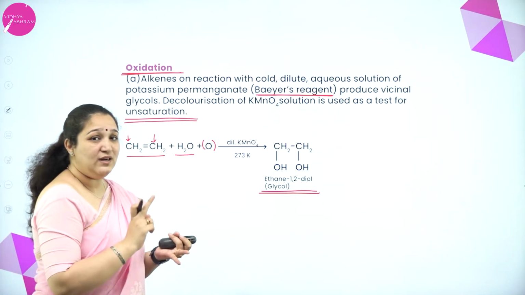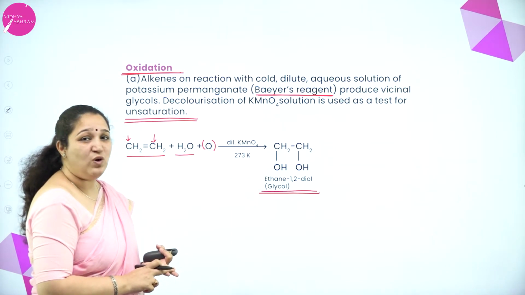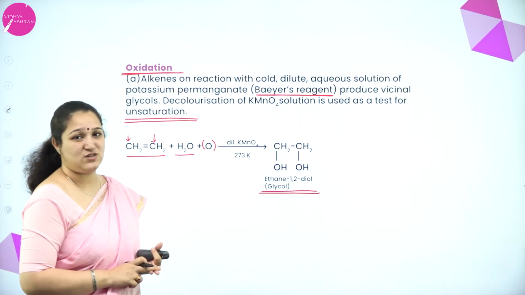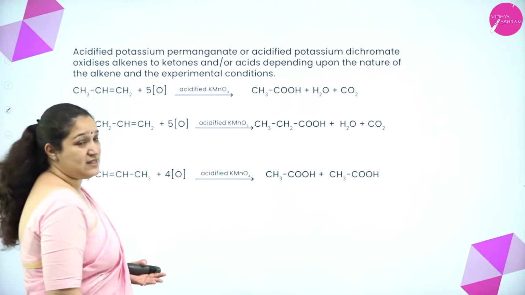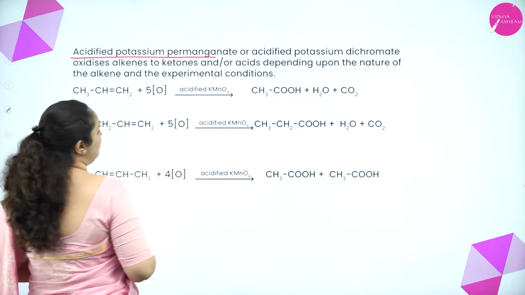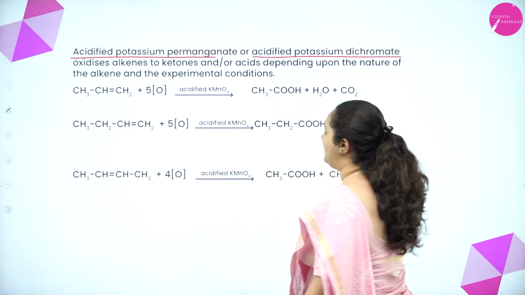Cold, dilute, aqueous KMnO4 is called Bayer's reagent, and it's also called Bayer's test. Next is oxidation itself with acidified potassium permanganate or using acidified potassium dichromate.